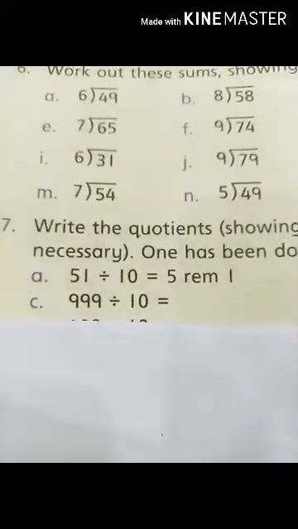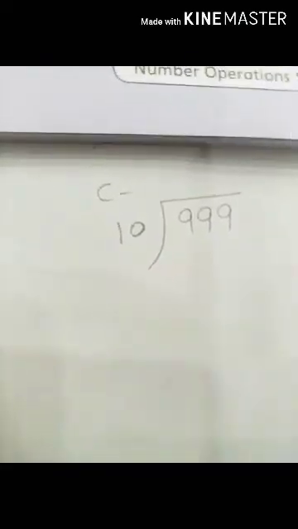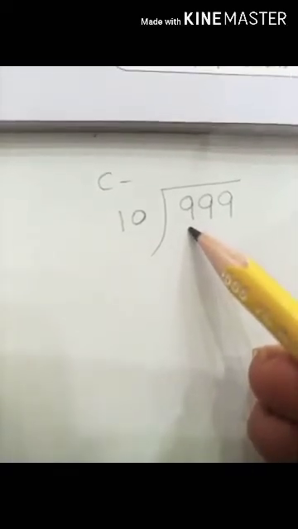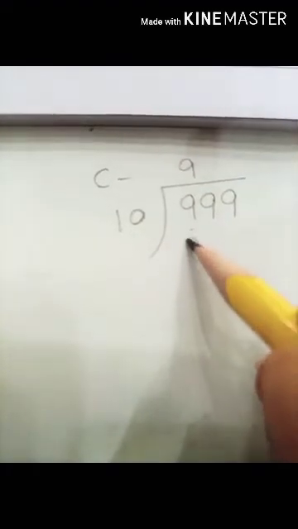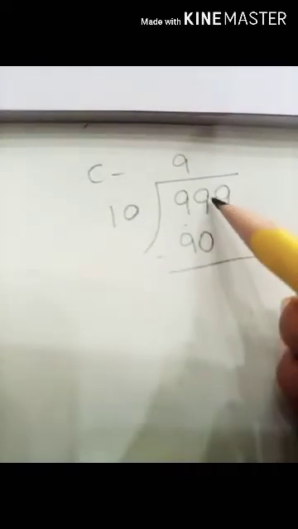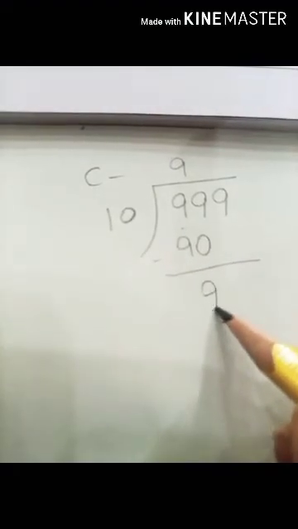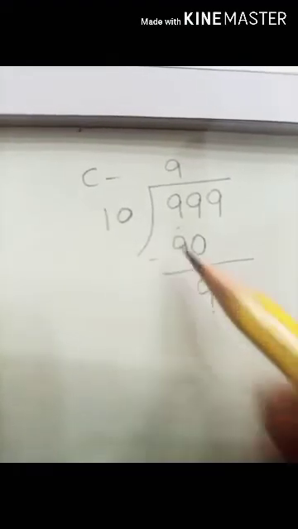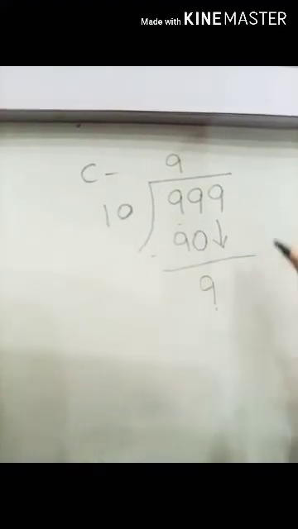Now come towards part C, in which we are going to divide 999 by 10. Students, look at this, 9 is smaller than my divisor, so I am going to take the pair. 10 9s are 90. Next step is subtraction. When I subtract, starting from the tens column, 9 minus 0 and my answer is 9. Look at this, 9 again becomes smaller than my divisor, so I will take this 9 down again.